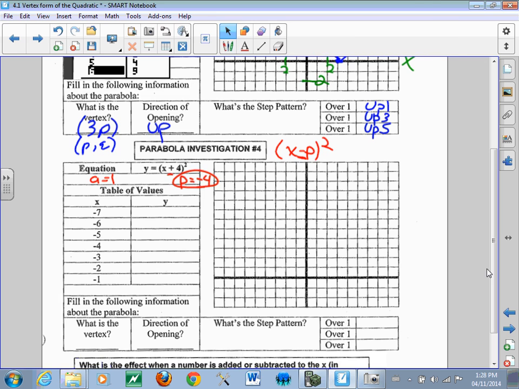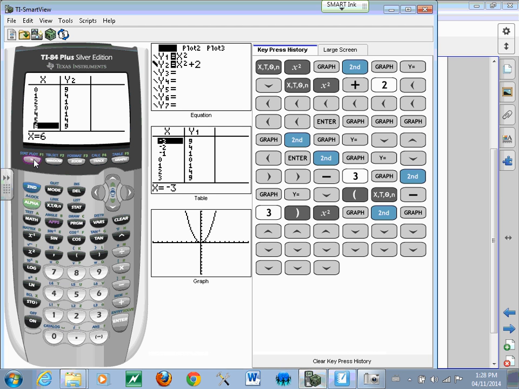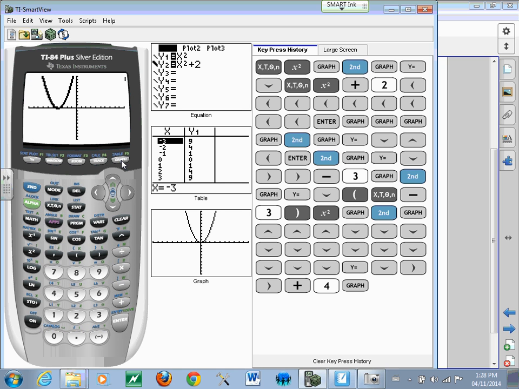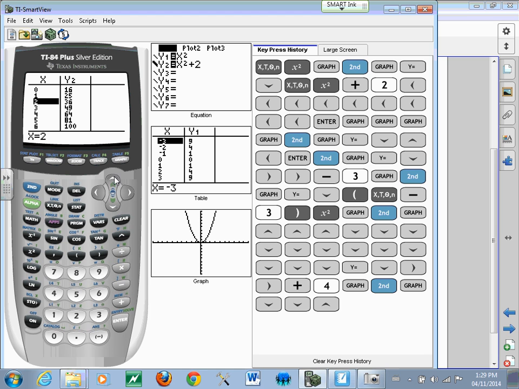And let's use the graphing calculator to prove that one. Okay? So we're going to go to y2, change it to plus 4, and we're going to graph it. Okay, and indeed, it's shifted 4 spots to the left. Now, before I select my table, I want to make sure I've got the right data point at the top. So we need -7 this time.